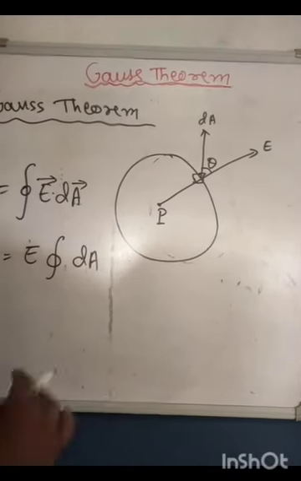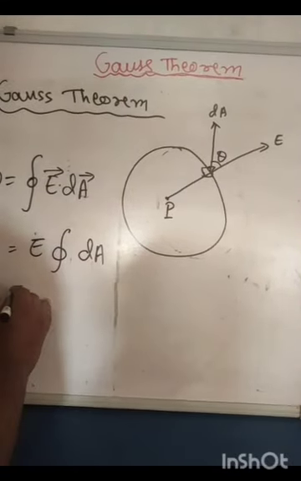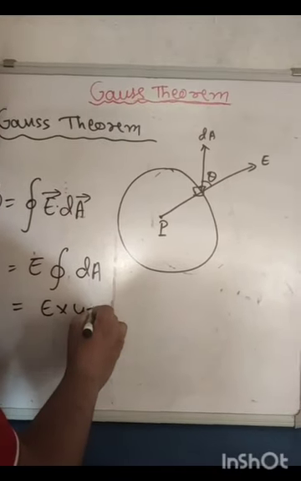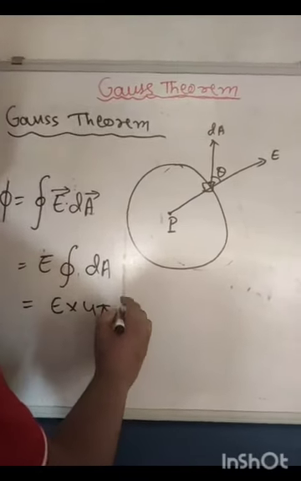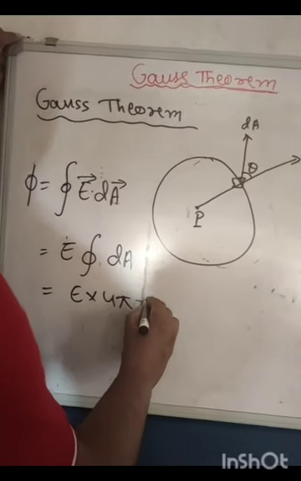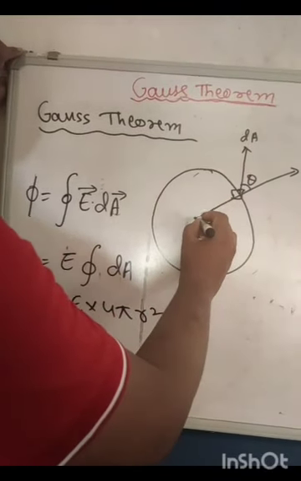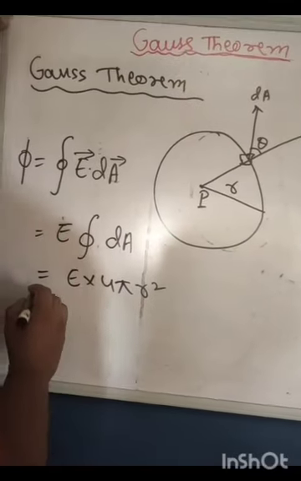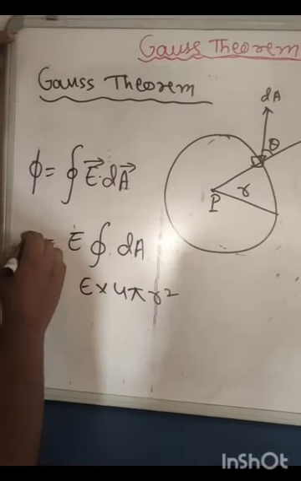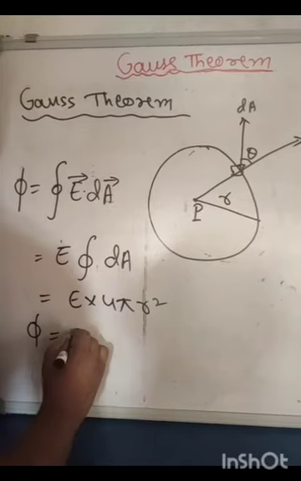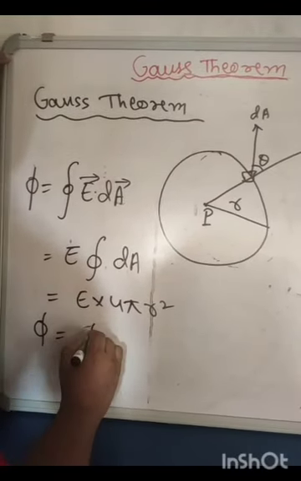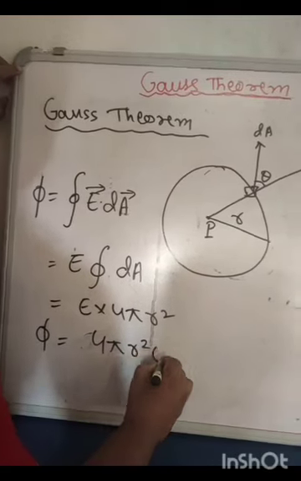We have taken that it is a spherical surface, so the closed integral of dA is 4 pi r square. Suppose the radius of this spherical surface is r. Therefore phi equals E times 4 pi r square.